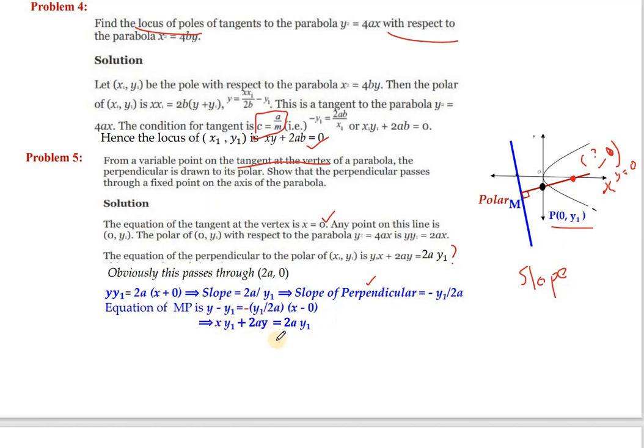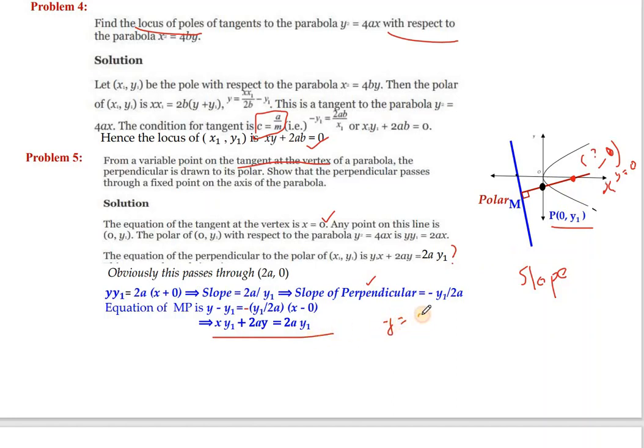So this on simplification, you have x y1, this 2a will go there, 2ay, and this one will go to the other side, and this minus x y1 will come to this side with plus x y1. So this is the equation of which line? This perpendicular line. So you'll have to now solve this with y is equal to 0.